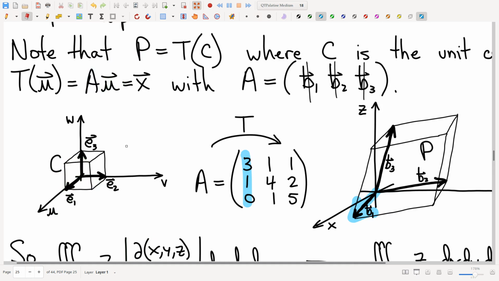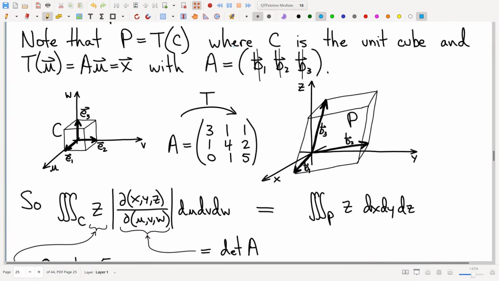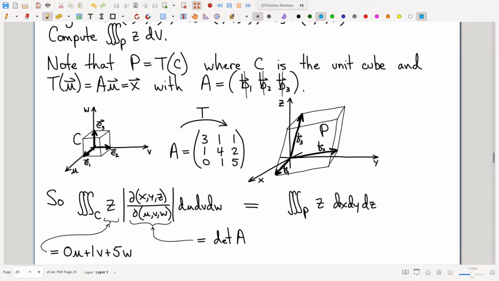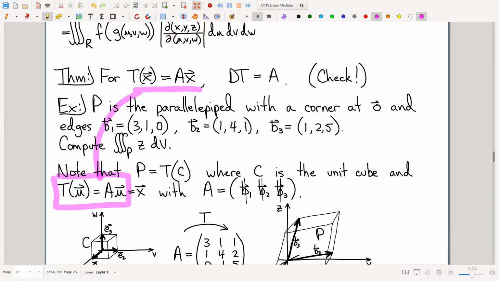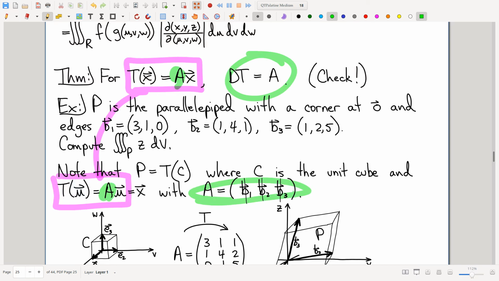Okay, so yeah, you remember that little trick, and then it's all downhill from there. I am going to have to compute the stretching factor. I am going to need the derivative transformation for that change of variables function. We have a theorem that tells me that in such cases, the derivative transformation is whatever that matrix was in the first place, which is this.